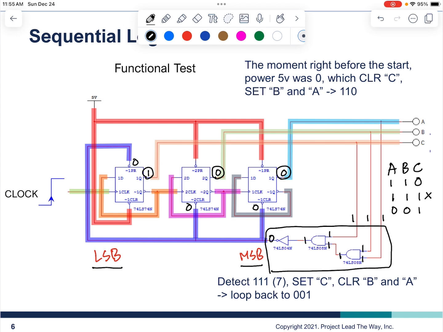In other words, you probably won't even see that 7 at all. 1, 1, 1 is a 7, right? And then from 6, it will jump to 1.